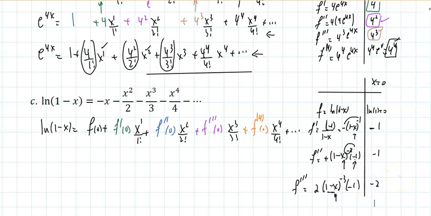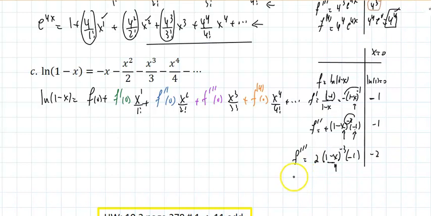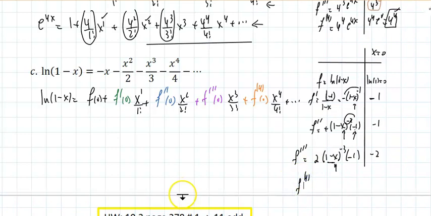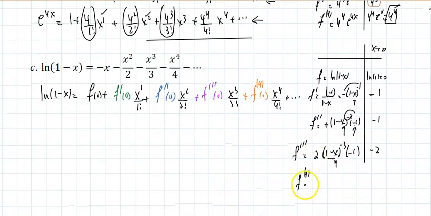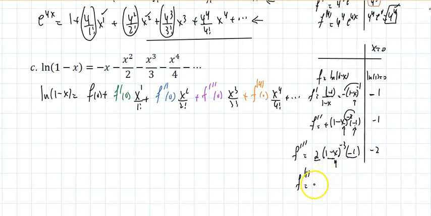And if you take one more derivative, the fourth derivative is going to be, this is again negative 2, so that's going to be negative 2 times negative 3 into 1 minus x to the negative 4 times negative 1 by the chain rule. If I put a 0, I get negative 1 times negative 2 times negative 3, which is negative 3 times 2 times 1, or factorial.